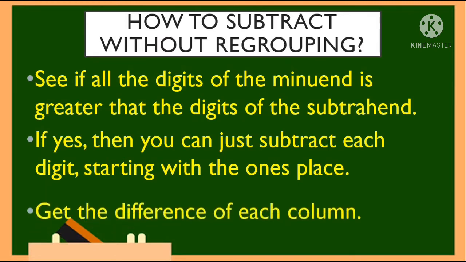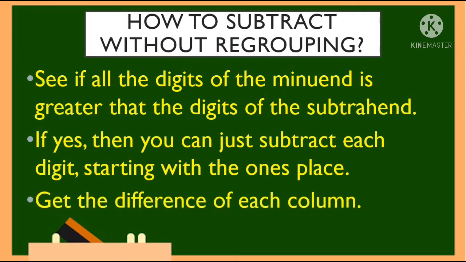Okay? And then get the difference of each column. Okay? So to understand more about these steps, teacher JP number 2 will show you how to subtract without regrouping using these 3 steps. Alright, so you need to listen well to teacher JP number 2.